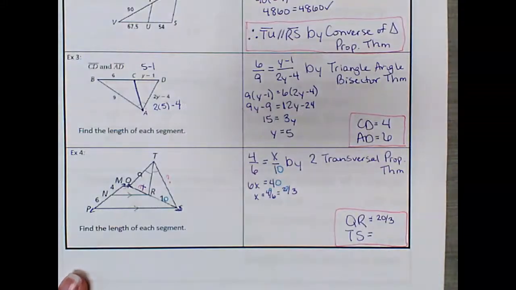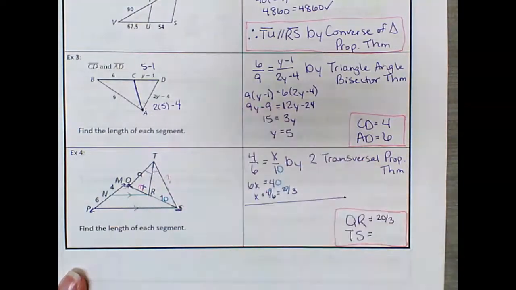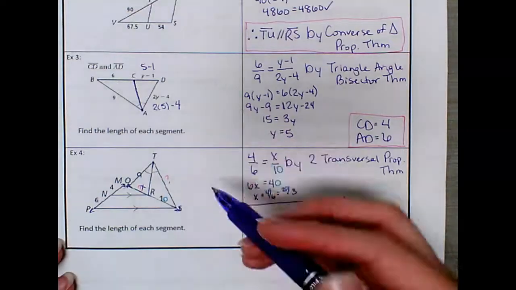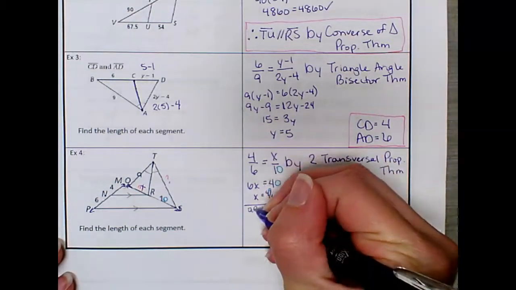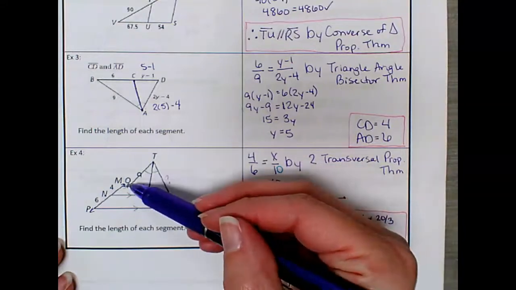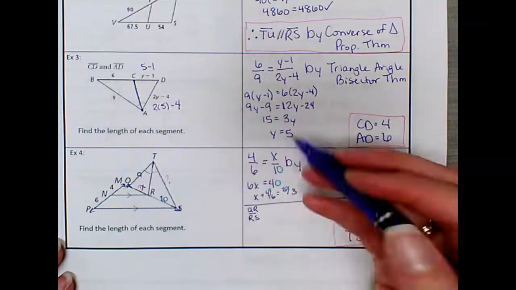And so now I have a second part of my problem. Now I have this angle bisector right here with my two angles that are congruent. And by the triangle angle bisector theorem, I can create a proportion. I can say that QR over RS will be equal to QT over TS.